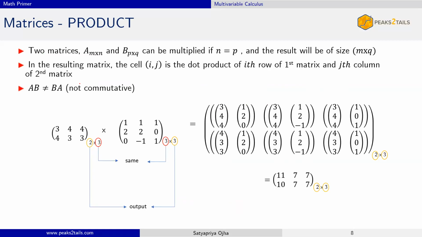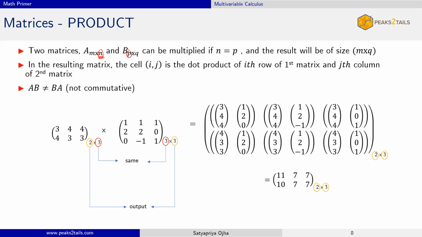Now, matrix product. This is a little bit tricky, and I don't think you are new to this, but just a quick revision. A and B are two matrices. They can be multiplied if and only if, looking at the first matrix, N must match P. They should be the same.